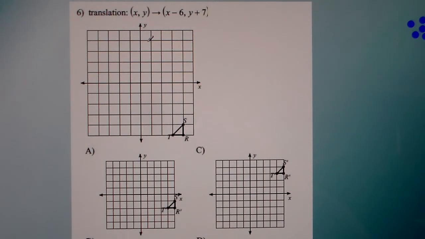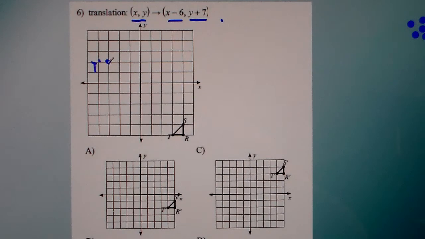Number 6. So we take our original figure, we're going to move it to the left 6 and up 7. So T, move it to the left 6: 1, 2, 3, 4, 5, 6, up 7. There's my T prime.